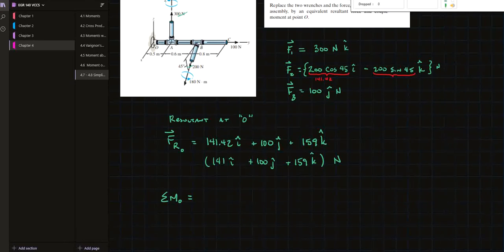And for 200 sine of 45, I also got 141.42. Obviously, they're 45 degrees. So I'm going to calculate these with scalars. I think it's going to be easier.